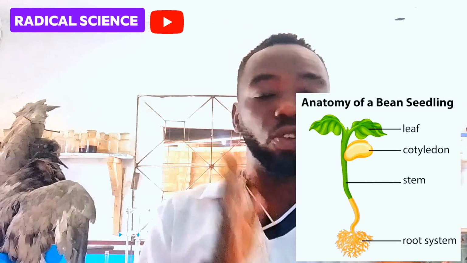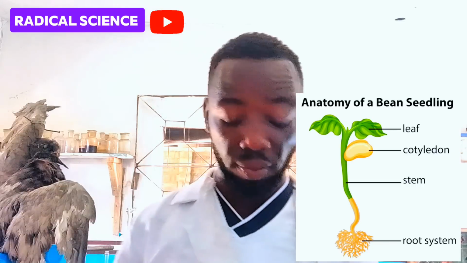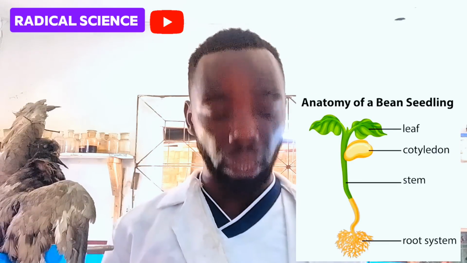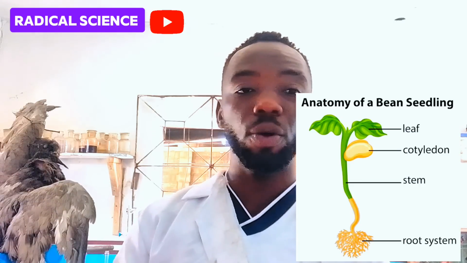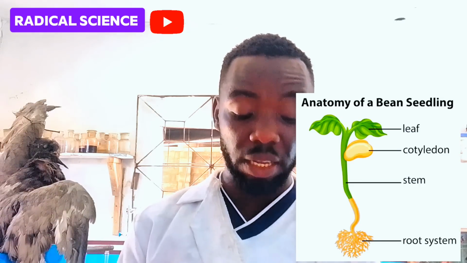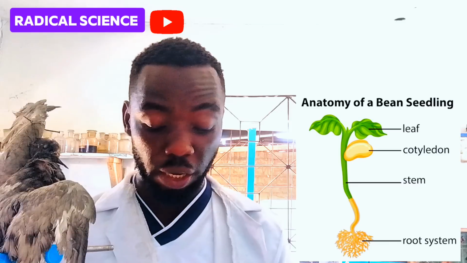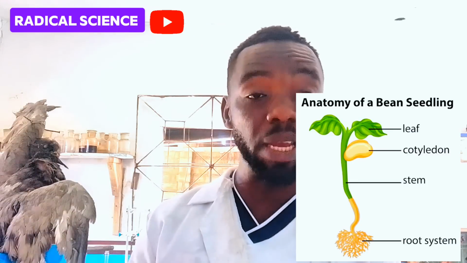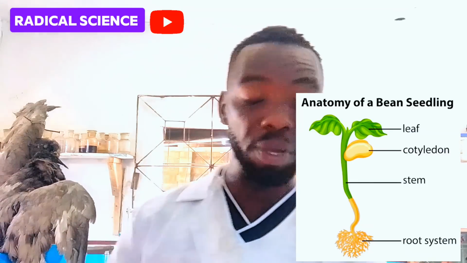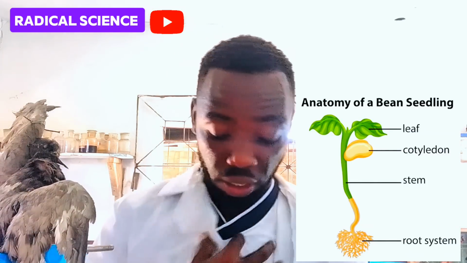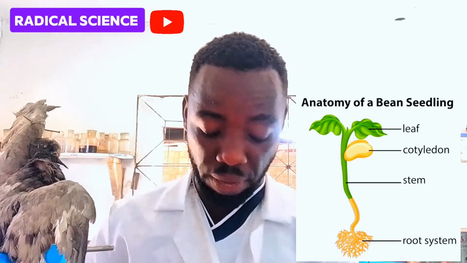That is how it continues until it completes its life cycle. So that is why we say that the bean seedling in the pot, which is specimen D, exhibits dicotyledon. It is a dicotyledon plant.